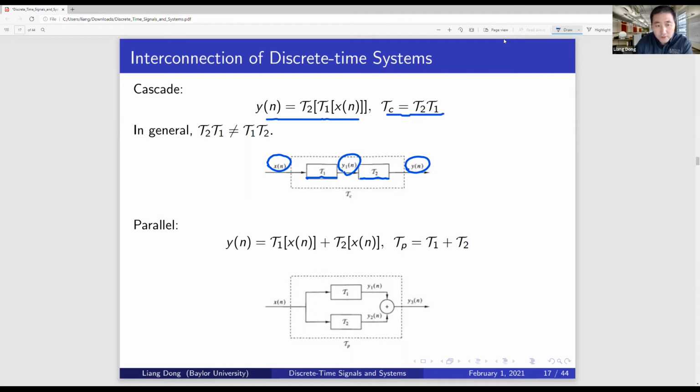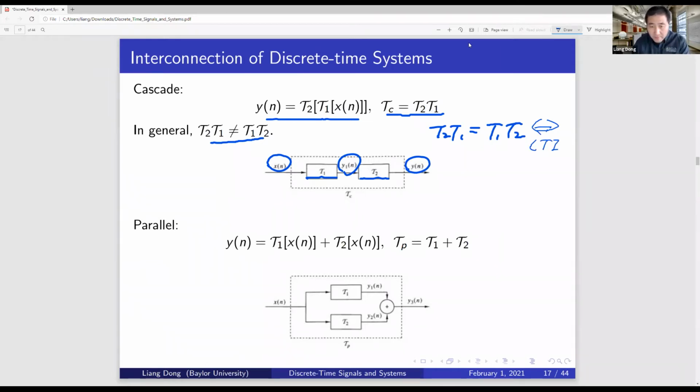In general, T2 T1 is not equal to T1 T2. That means in general, I cannot change the order of the two operators T2 and T1. The only time I can do this, the only time T2 T1 equals T1 T2, is when I have a linear time-invariant system.